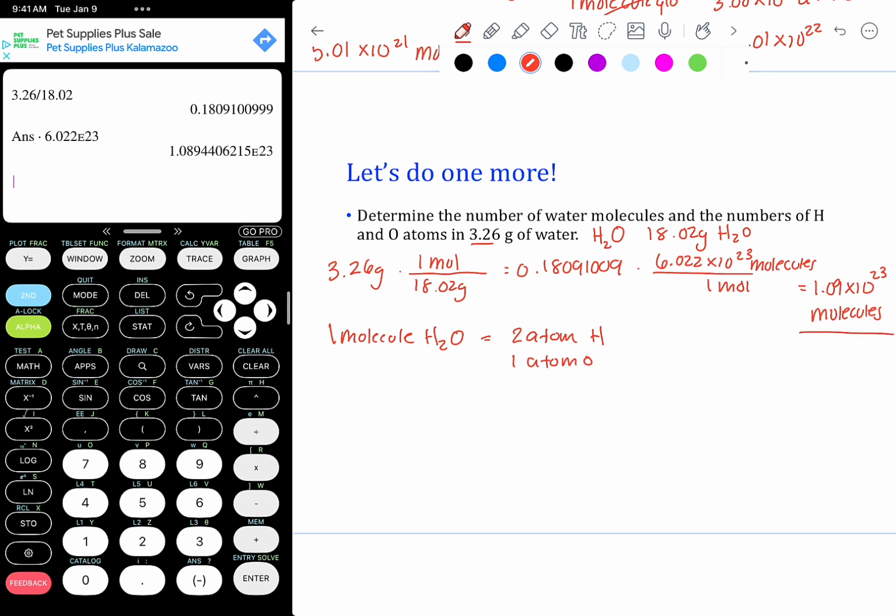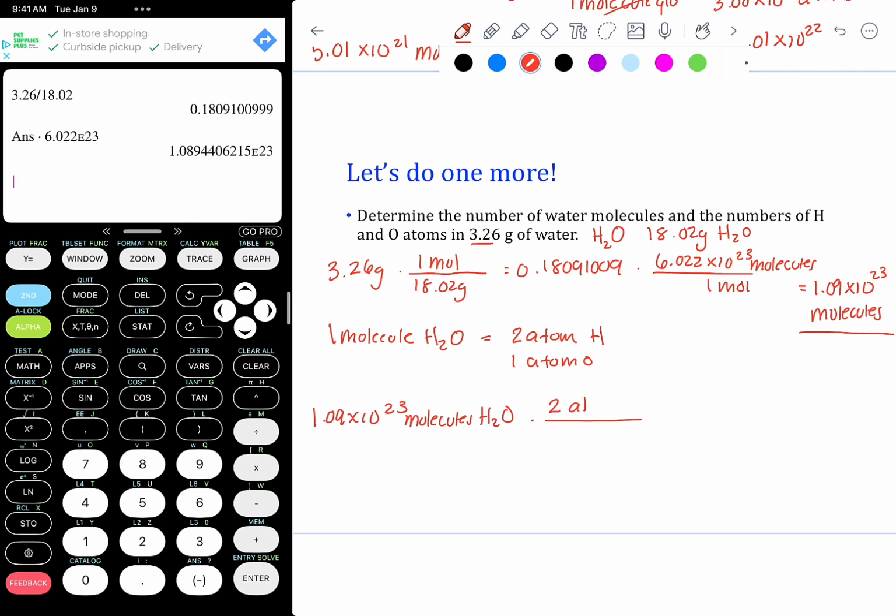So we can use our number of molecules to find our number of atoms of both hydrogen and oxygen. We take our 1.09 times 10 to the 23 molecules of H2O and multiply that by the number of atoms of hydrogen.